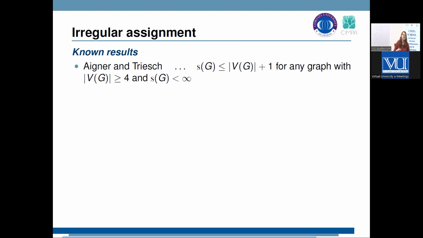To find the irregularity strength of a graph is a very complicated problem. So in general, we have some bounds. Let me show you now some results.